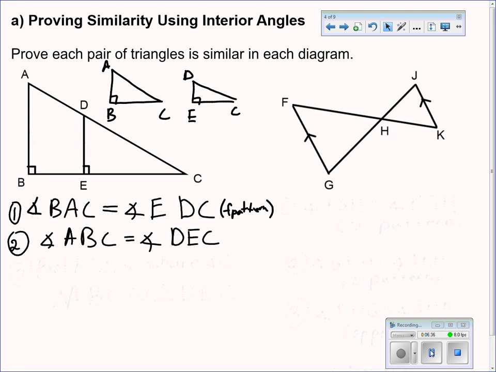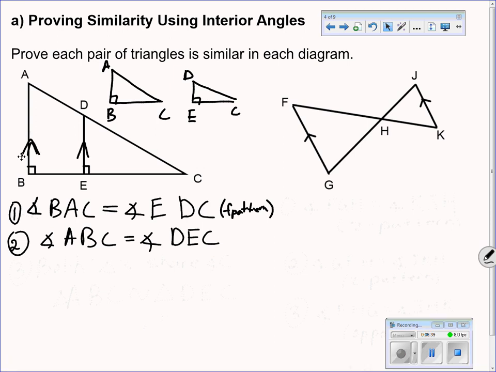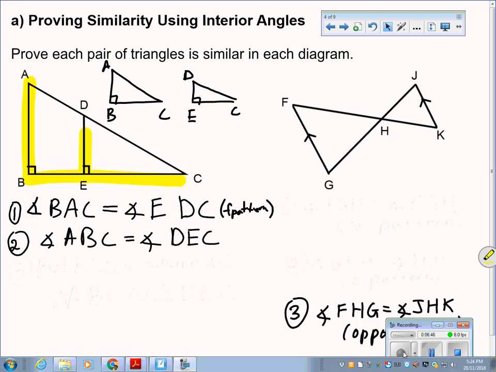If you think about it, those two lines are parallel because of these two 90-degree angles. So essentially, those two 90 degrees are identical. You can either say that you have both at 90 degrees, or you could say we're using the F pattern.